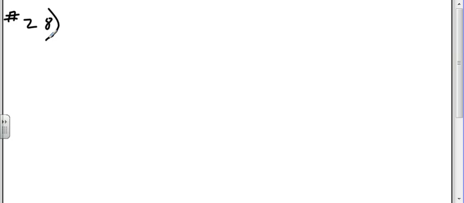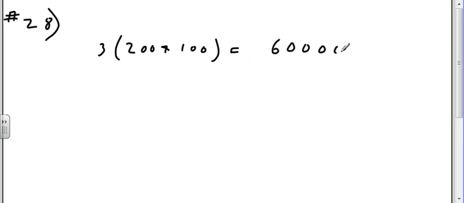Okay, so I've got 200 by 100, and I'm going to triple that. So that looks like a 6 with 1, 2, 3, 4 zeros, meters squared.